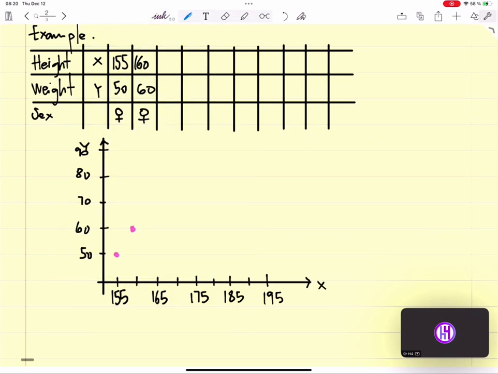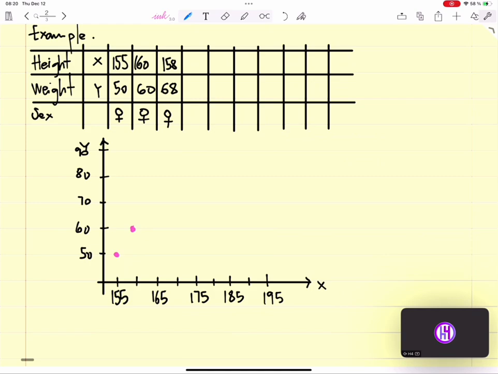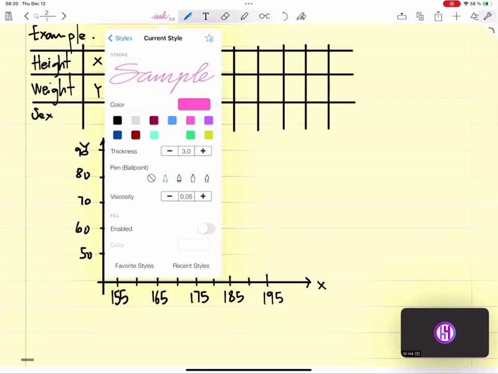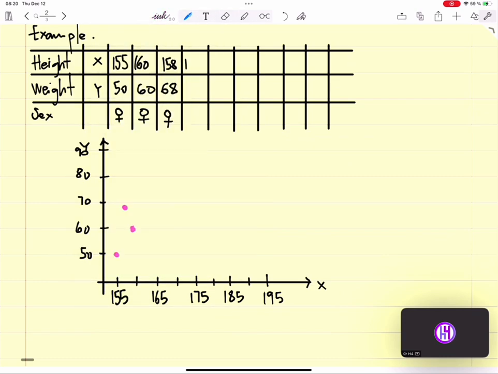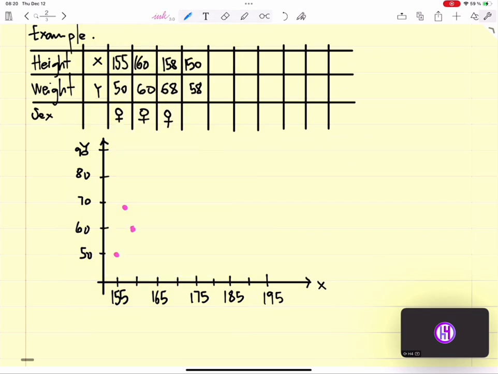The third point is 158, 68, somewhere here, no, somewhere here. Okay, the next point is going to be 150 and 58, so 150 and 58, somewhere there.